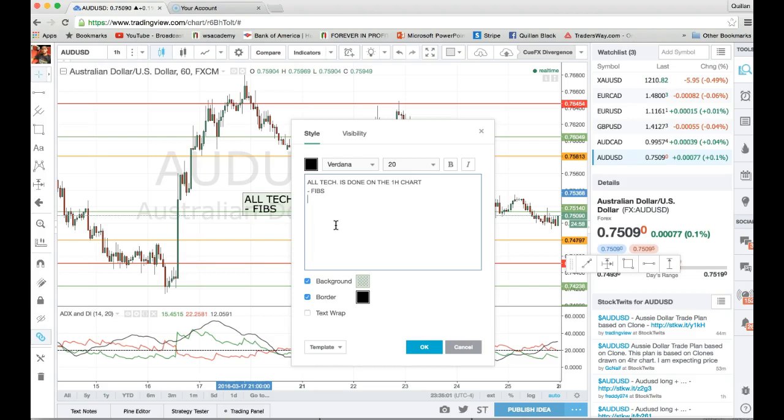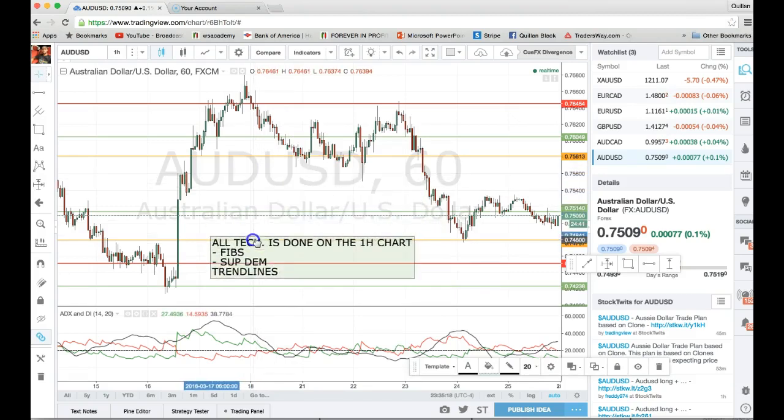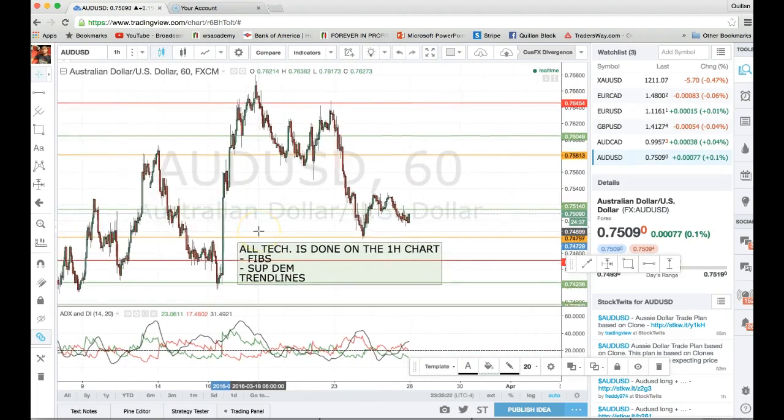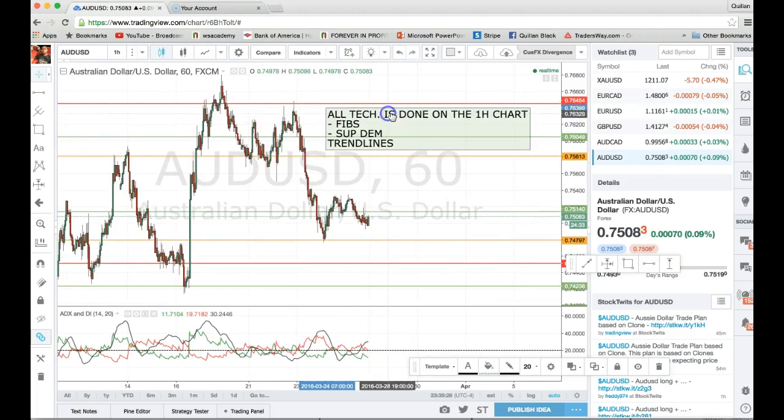Fibs, supply and demand, trend lines, and what else? I think that's about it really. But basically, all technical analysis is done on the 1 hour chart, guys. I don't want to see you guys on a 4 hour chart, 5 hour chart, 6 hour chart, whatever. All technical analysis is done on the 1 hour chart.